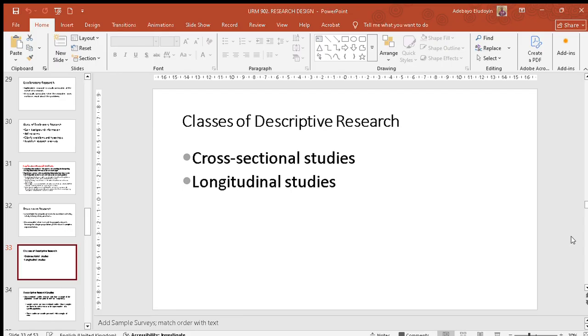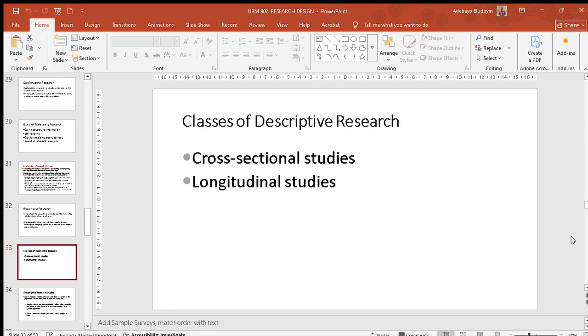But descriptive research can be seen in two ways. Either we have cross-sectional studies or longitudinal studies. I said descriptive research will ask the question about who is doing something, what, when, how. So that shows that most of the things we do are basically descriptive research.